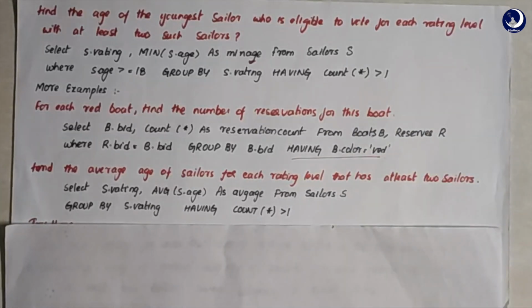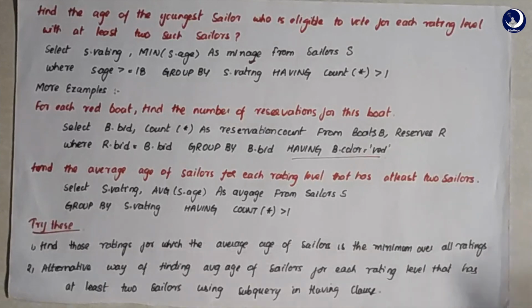So here we are going to compute the average age for each rating level. We'll have the rating in the group by, and we want at least 2 such sailors, so having count star greater than 1. So like I said, you should practice as many questions as you can. Just try to find answers to these questions.